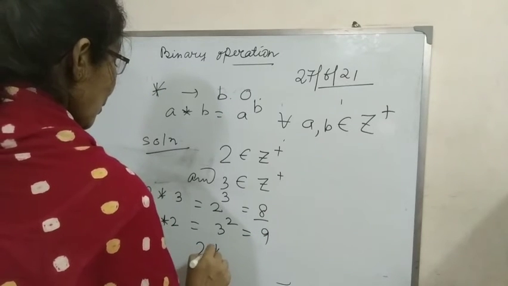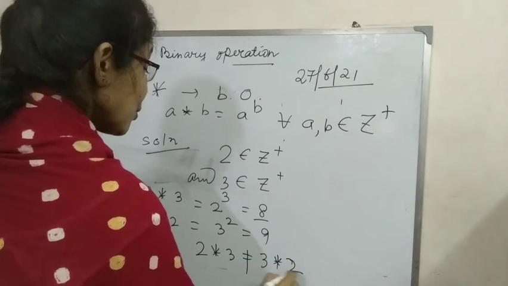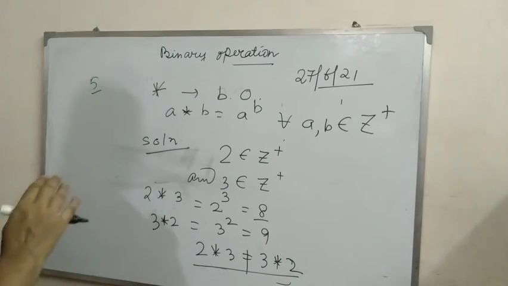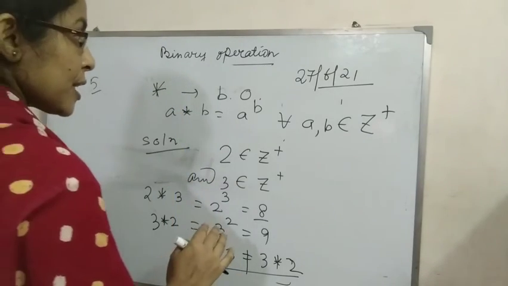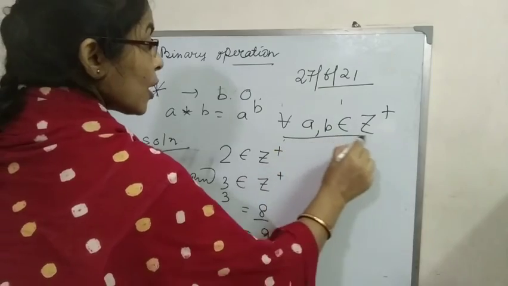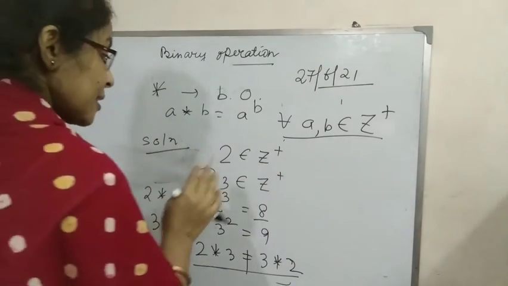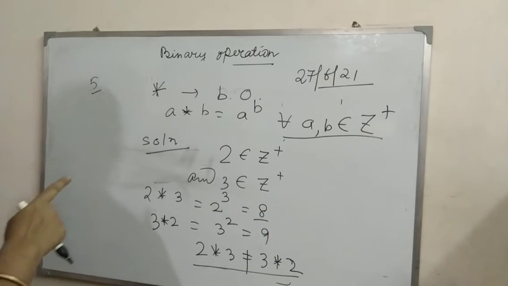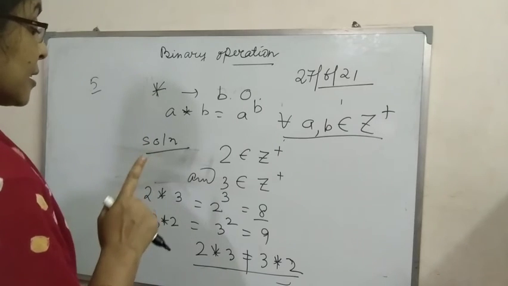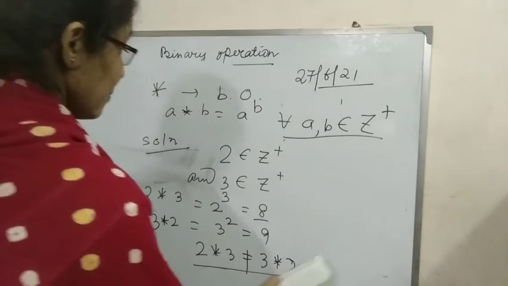Here 2 operation 3 not equal to 3 operation 2. So the operation is not commutative.